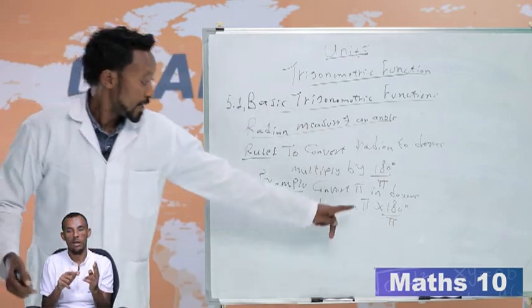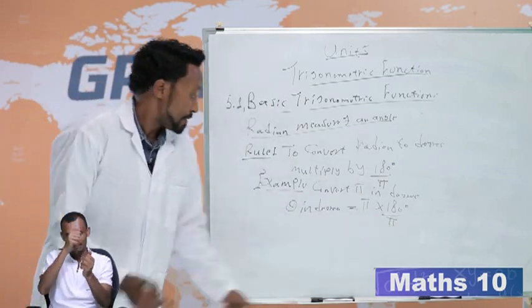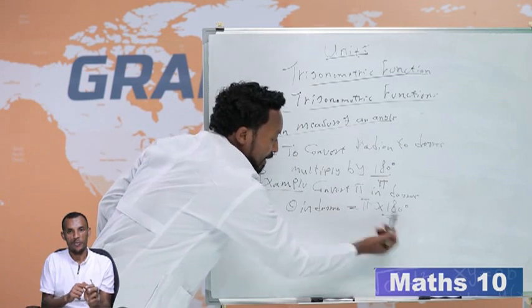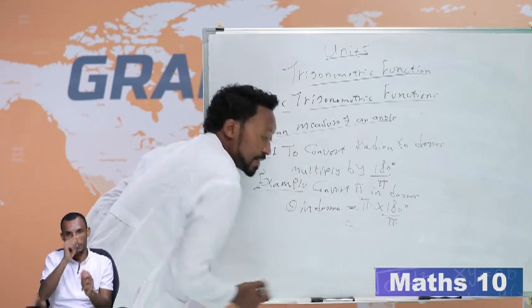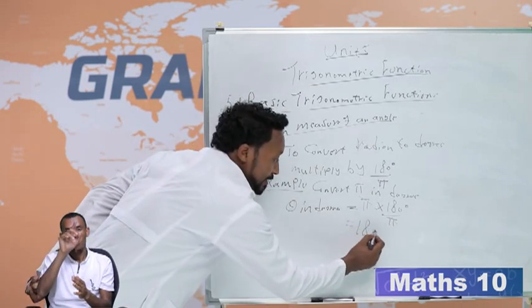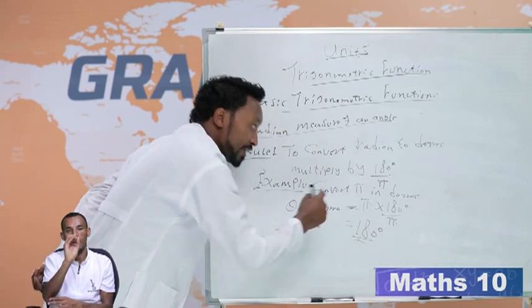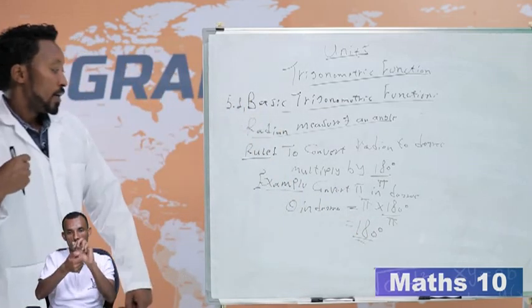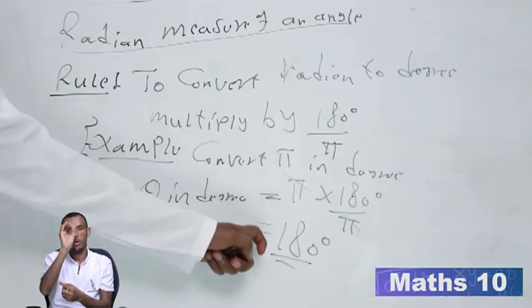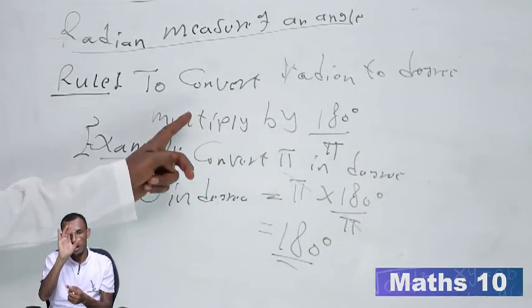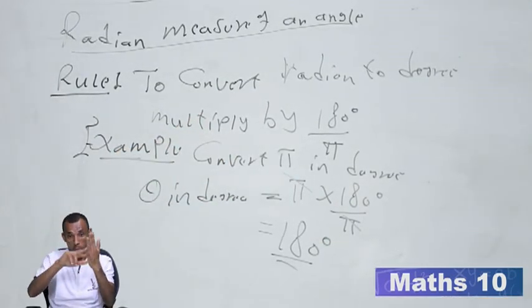Here pi is cancelled by pi. Therefore, this means the same as what? 180 degree. Therefore, pi is converted into 180 degree. 180 degree is exactly the same as pi.